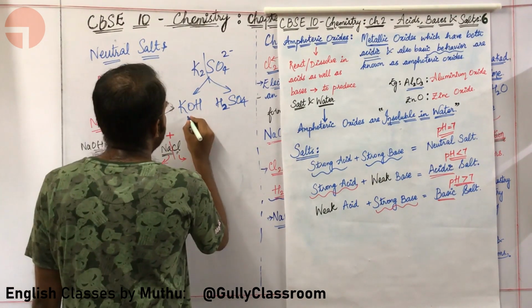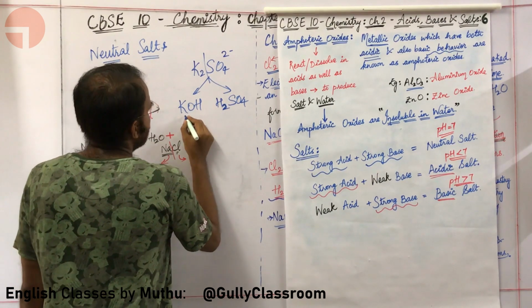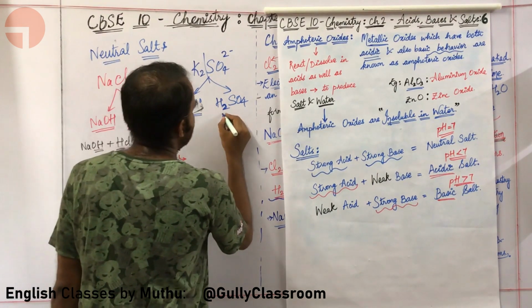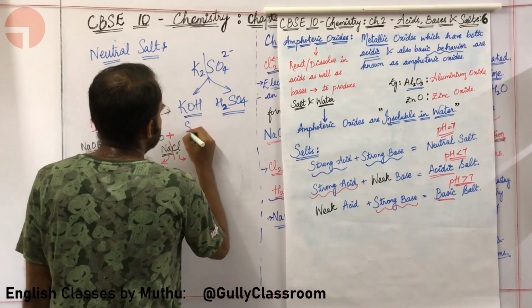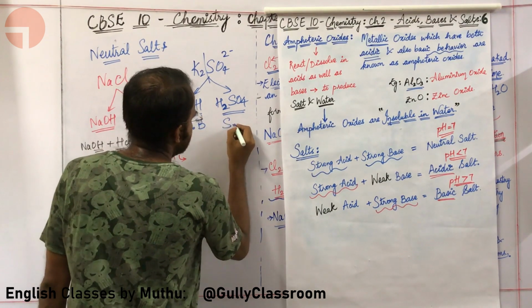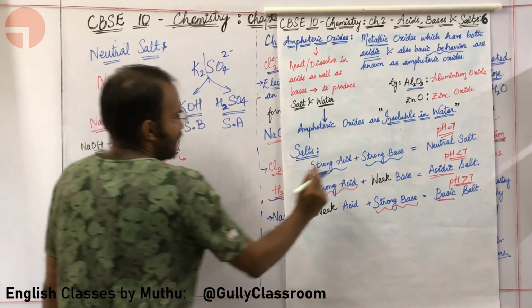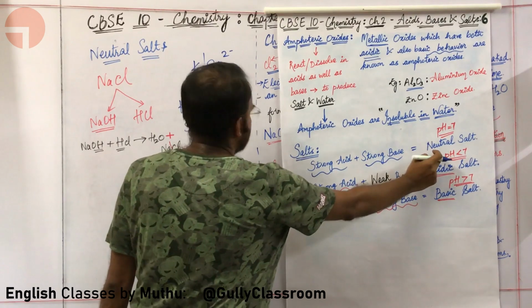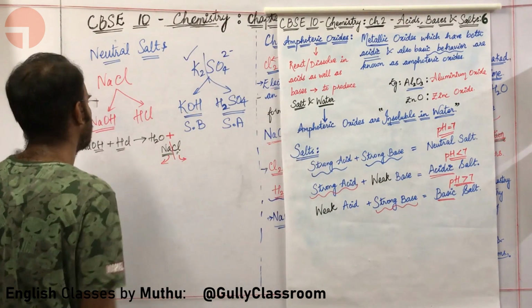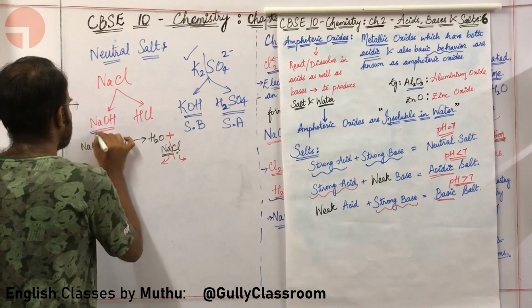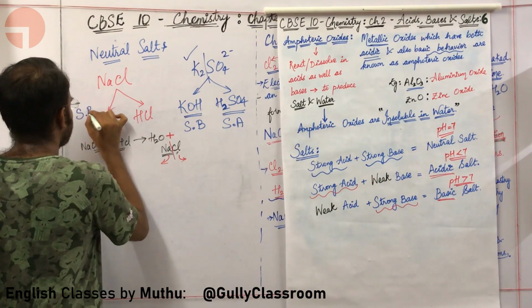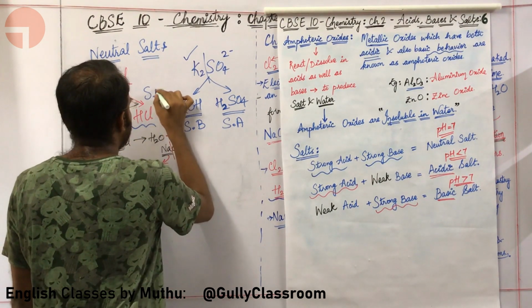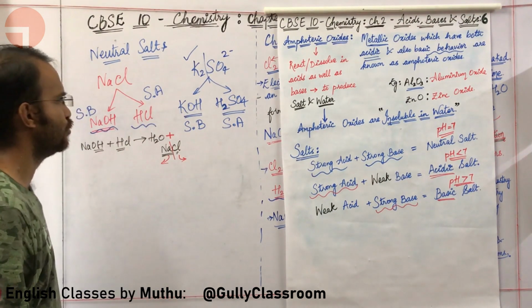Here both of them, potassium hydroxide and sulfuric acid, are strong. This is a strong base. This is a strong acid. When a strong base combines with a strong acid, we get a neutral salt, K2SO4. Similarly, here also NaOH is a strong base and this is a strong acid, so they combine to form a neutral salt.